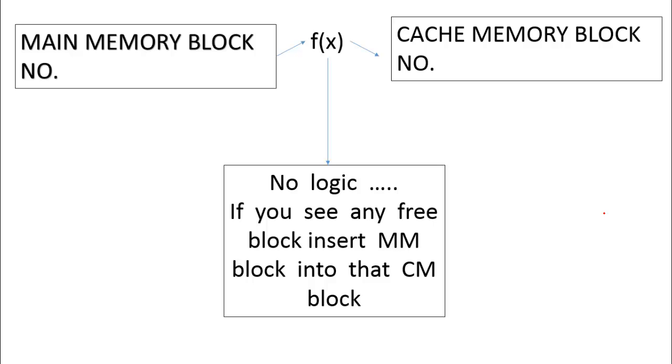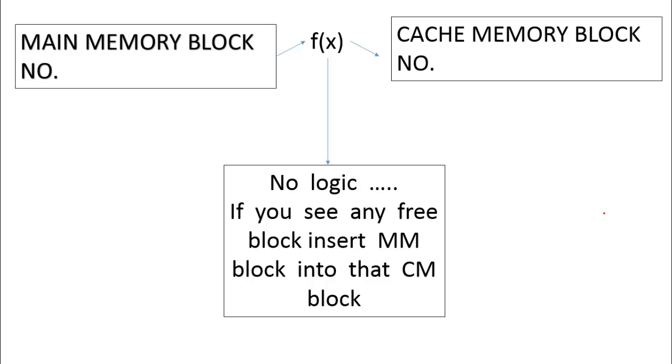Here we have a very simple logic: if you see any free block in cache memory, then insert your main memory block into that cache memory block. If you don't find any free block, definitely you have to go with your replacement algorithm, that might be first in first out, or least recently used, something like that.